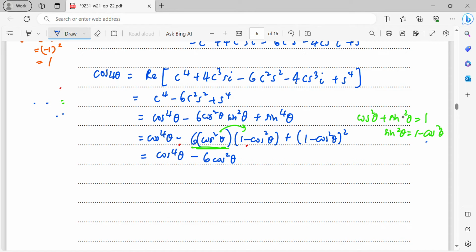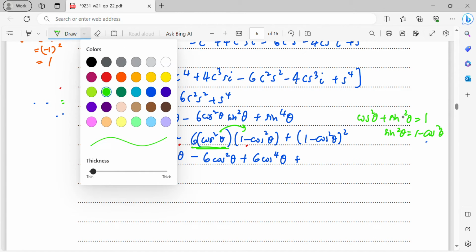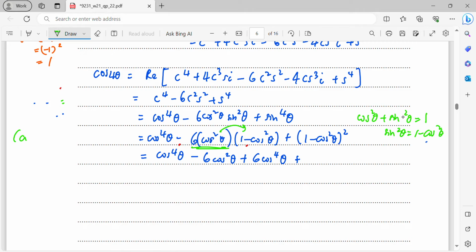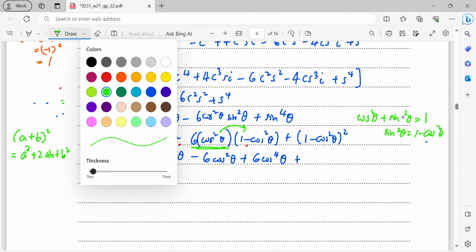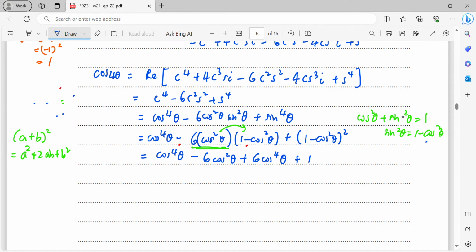So here we will be getting plus 6 cos to the power 4 theta. And lastly, square of 1 minus cos squared, use the quadratic expansion, which is square of a plus b. Then I will get a squared plus 2ab plus b squared. Then you will be getting 1 minus 2 cos squared theta plus cos to the power 4 theta.